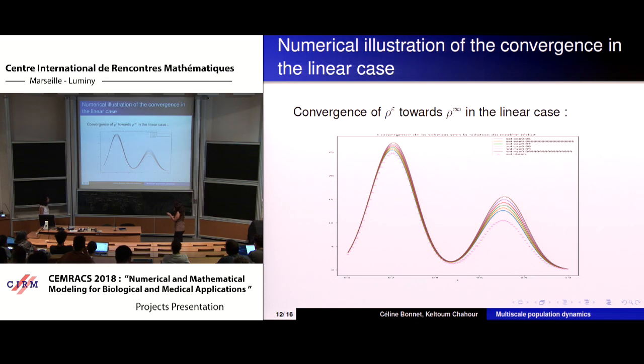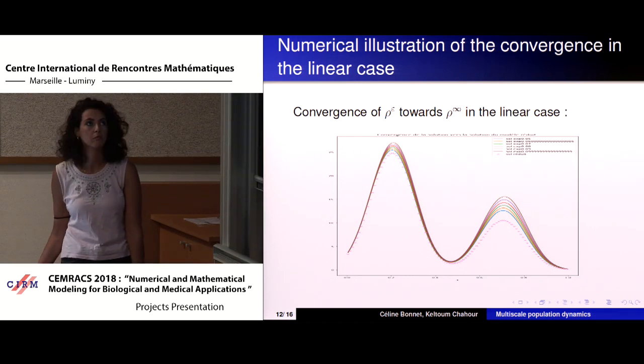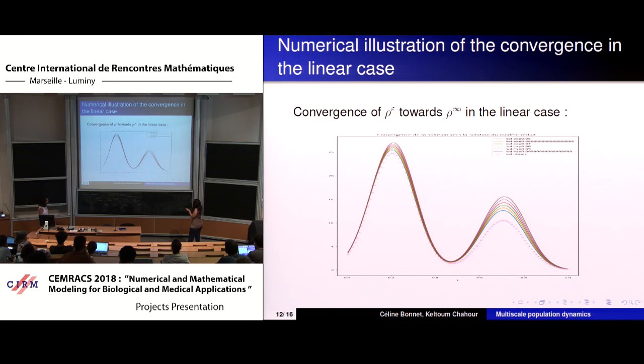You see that for different values of epsilon, you tend to the curve. This is the reduced model, the limit model, and you see that you tend to the limit model.